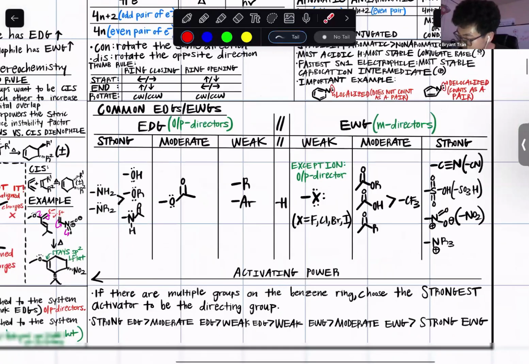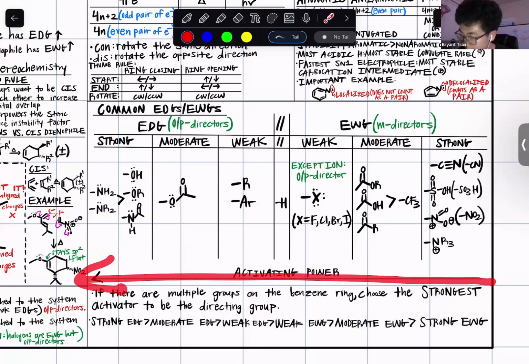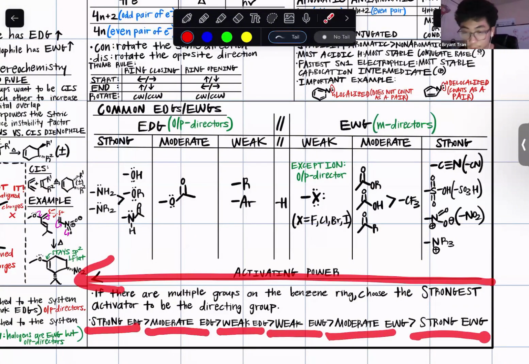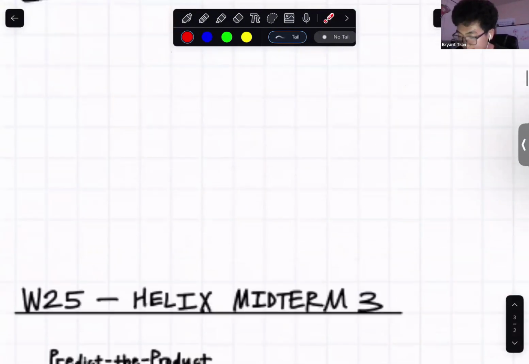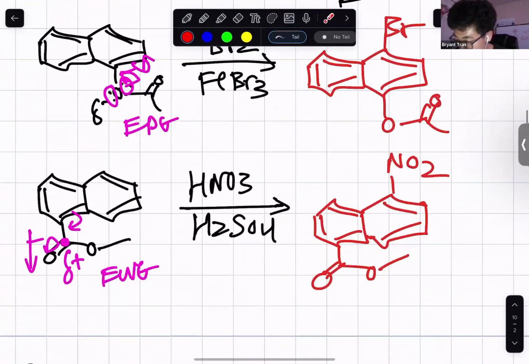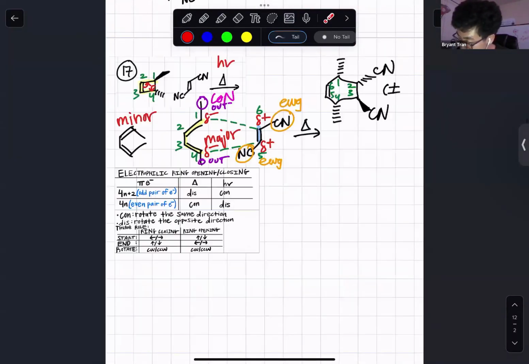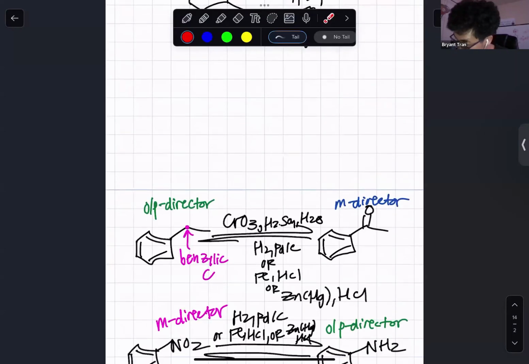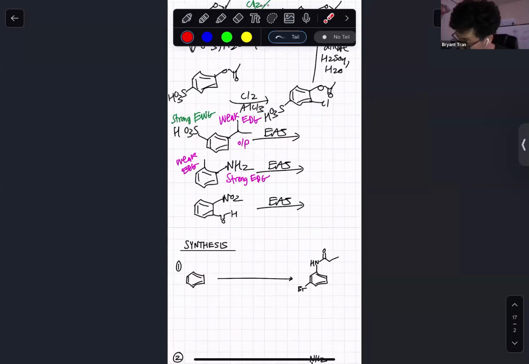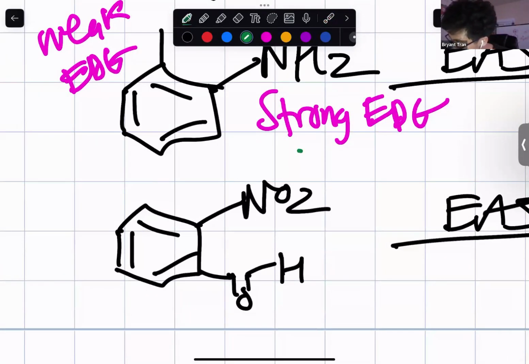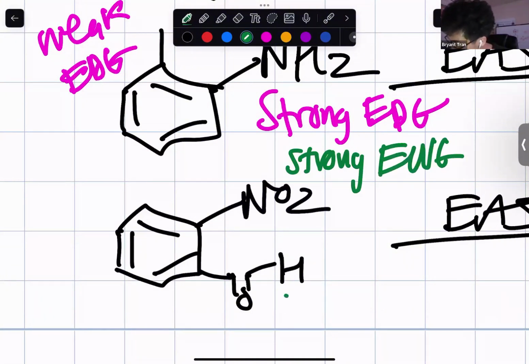Right? And if we have multiple substituents, we want to choose the group that has more activating power. Right? So a strong EDG takes priority over moderate EDG over weak EDG. And then weak EWG takes priority over moderate EWG. And the least priority group is the strong EWG. Right? So look at the last example here, which is the trickiest one. We have a strong EWG versus a moderate EWG.